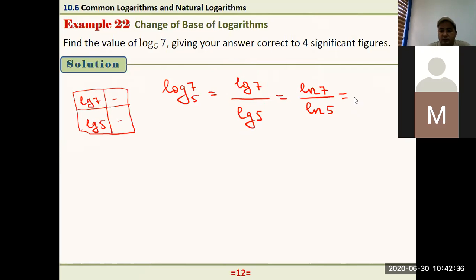So that thing is equal to 1.20906 something. So it says here 4 significant figures, starting from the first non-zero number, digits, right? 1, 2, 3, 4. So we have to keep these digits. After it is equal to 0, so I can delete these digits. So here we have the answer, correct to 4 significant figures. Okay.